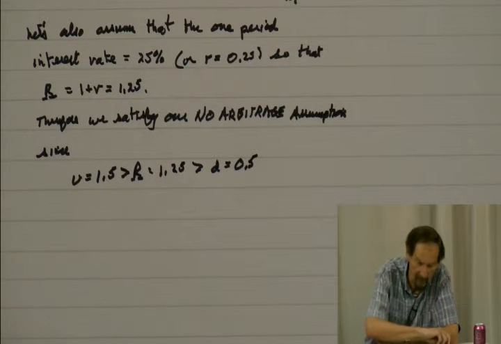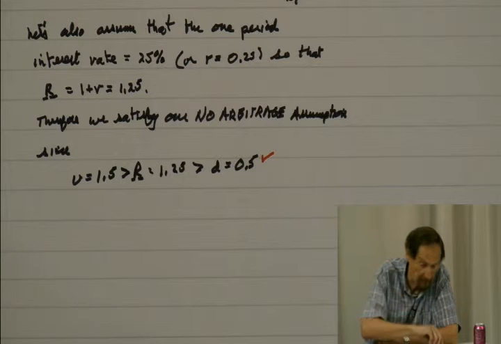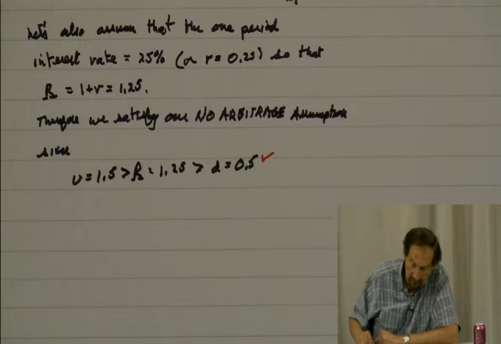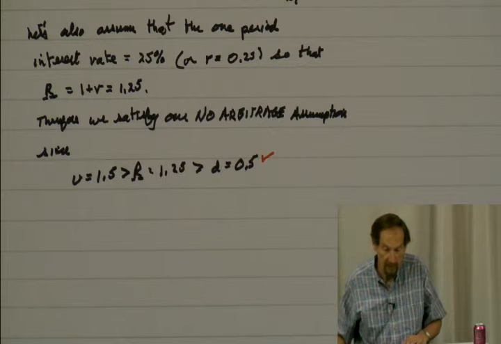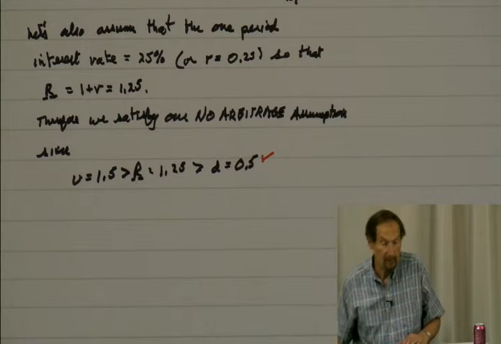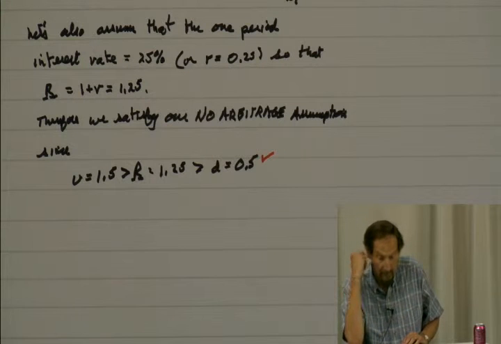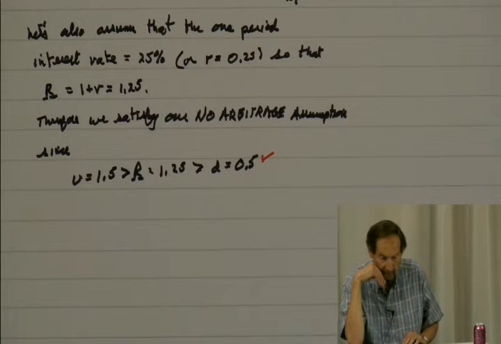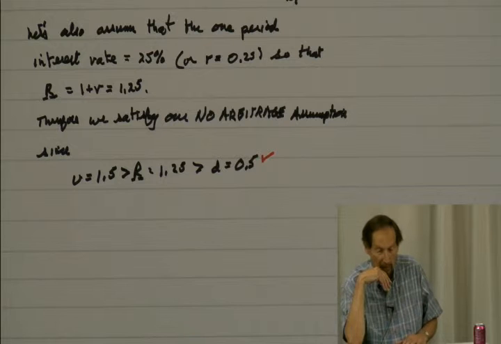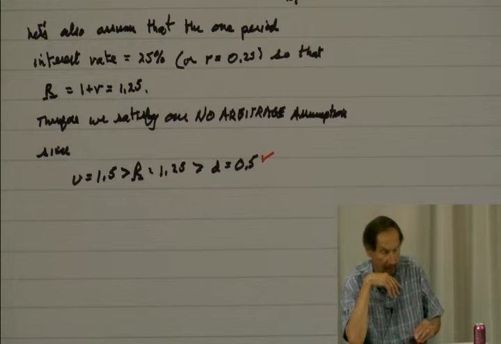So we satisfy our no arbitrage condition in this example. Now, of course, these are highly unrealistic, this interest rate of 0.25, and also we have a very volatile stock. Even given that a period is a year, you would hardly expect it to go up by half or go down a half.